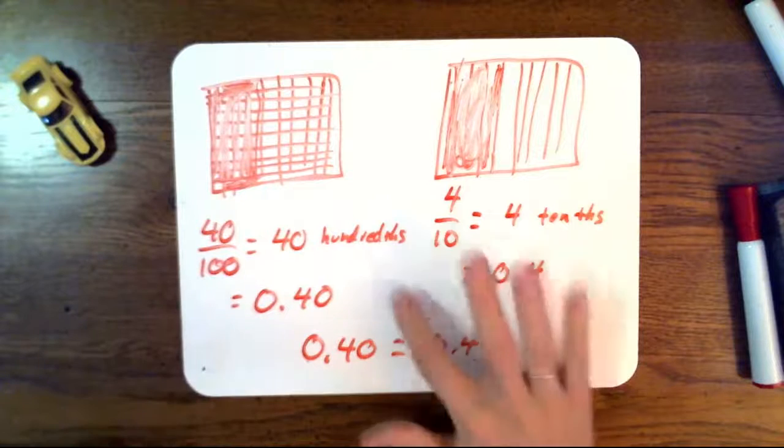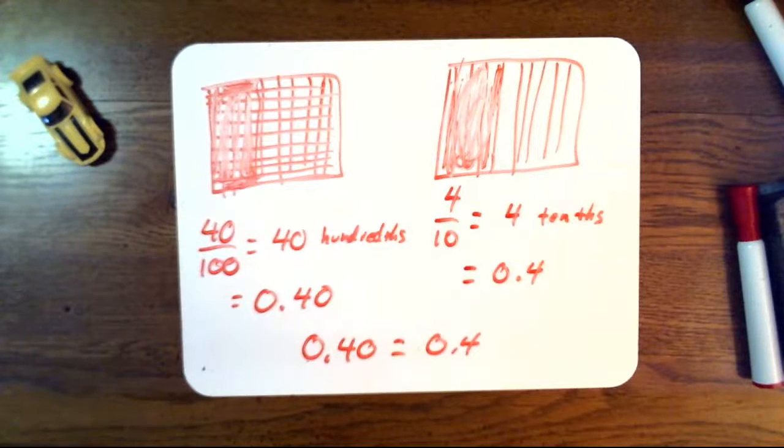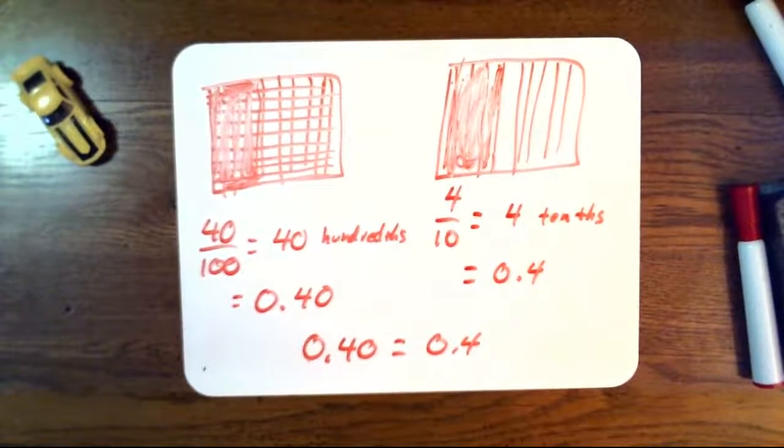I might get more into detail with this later, especially with decimal division, just to show kind of where decimals come from and how you can work with them. But this is a brief introduction to decimals. Knowing the place and knowing the names, I think, is the most important at this point.